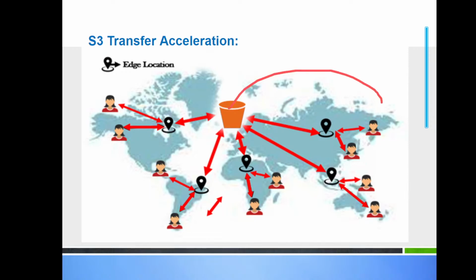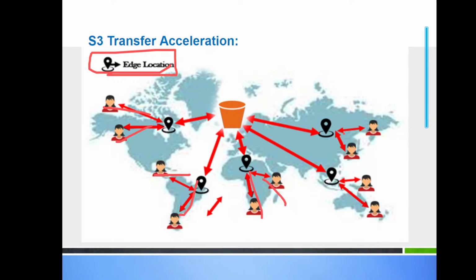Instead of delivering content directly to the user, we create intermediate servers and caches. Remember, we studied edge locations. What is an edge location? They are the servers where the data is cached and users can access the data from those edge locations instead of directly going to the main target server.